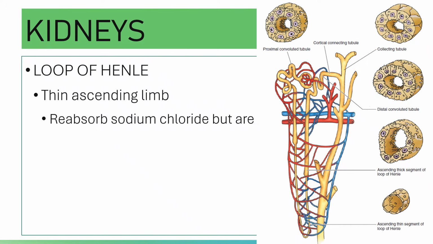The thin portion of your loop of Henle is made of simple squamous epithelium. You have here your thick ascending limb of the loop of Henle, made of simple cuboidal epithelium also.